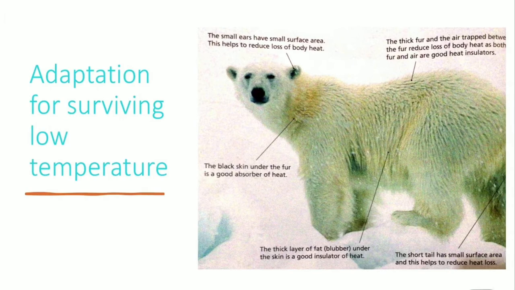So hence fur and air are good heat insulators. And here you can see it has some black skin under the fat blubber, and that skin helps to reduce the loss of body heat, and it is a very good absorber of heat also.